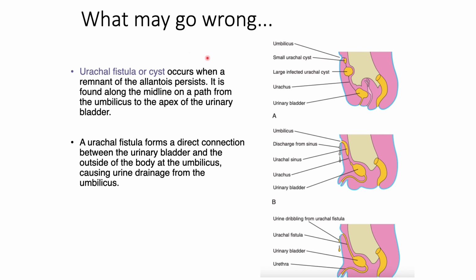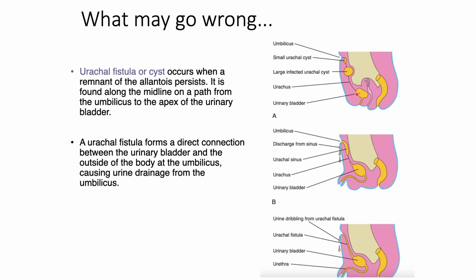So what may go wrong again? Urachal fistula or cyst occurs when a remnant of the allantois persists. It is found along the midline on a path from the umbilicus to the apex of the urinary bladder. So from the umbilicus to the apex of the urinary bladder, you find a large infected urachal cyst there.